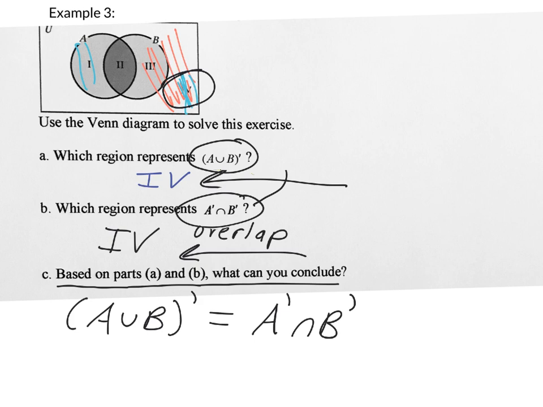If you're going through any of these questions and you get extra regions, like let's say for part B I got not just region 4, but I also got region 3, when I get to part C, I would say they're not equal because they don't represent the same exact regions. They have to represent the same exact regions, no more, no less, in order for you to say that parts A and B are equal to each other.